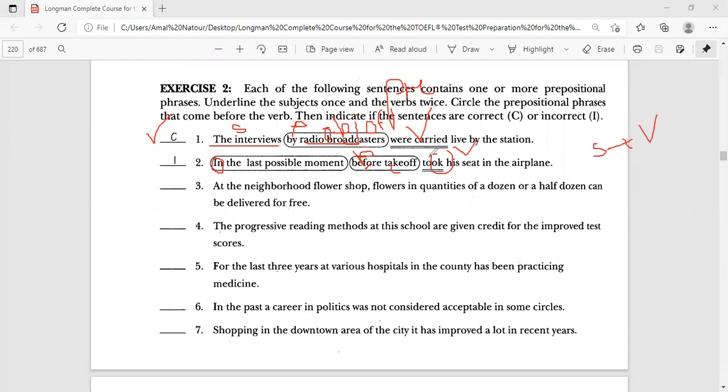Then here there is a missing subject. I have to say, maybe, in the last possible moment, before takeoff, he took his seat in the airplane. Then this is incorrect.